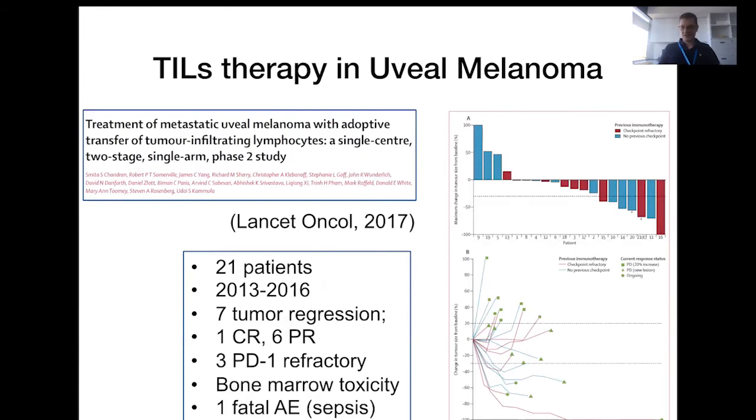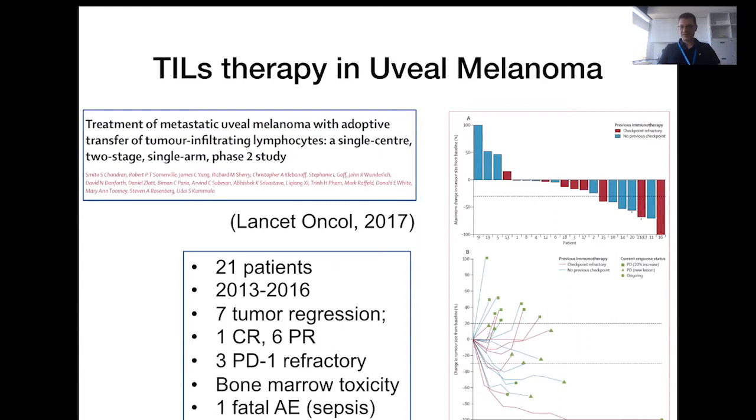And in a trial published 2017, this group was also able to show that there is reactivity even in patients of adoptive T cell transfers, where 7 of the 21 patients in this trial actually had an objective response.